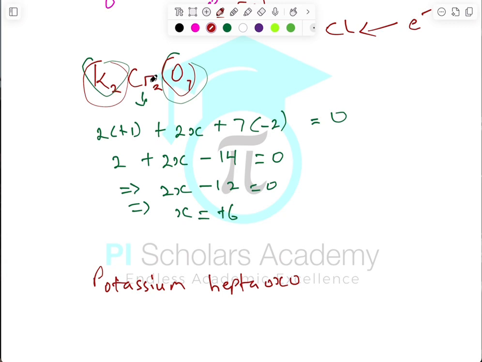Then you now go to the chromium. First of all, how many atoms do you have there? 2 atoms. So you have heptaoxo dichromate. Now, after saying dichromate, what is the oxidation state? 6. Heptaoxo dichromate 6. So the name of this is potassium heptaoxo dichromate 6.